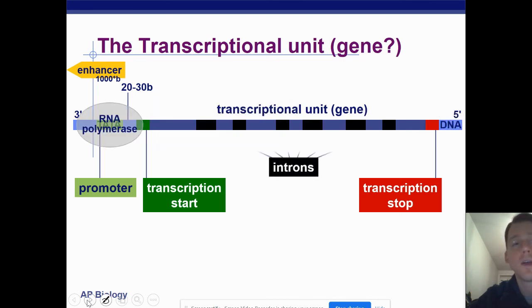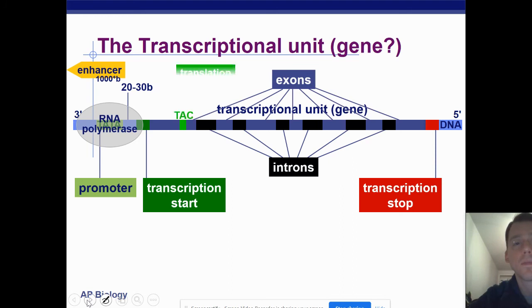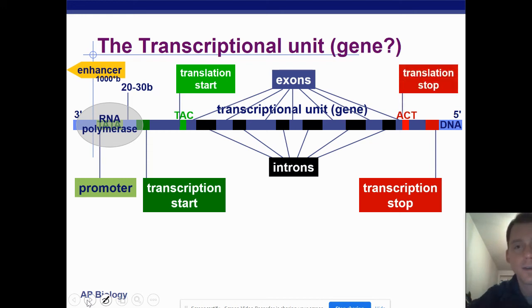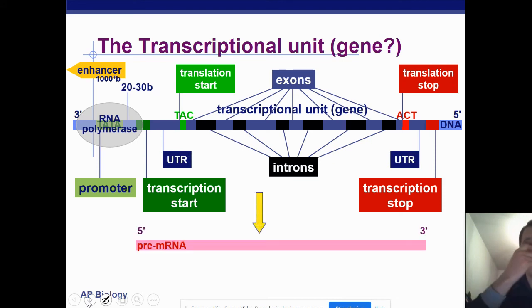bases, and we are going to end up with mRNA that has to cut out the introns, splice together the exons, and it's going to give us pre-mRNA. Right?